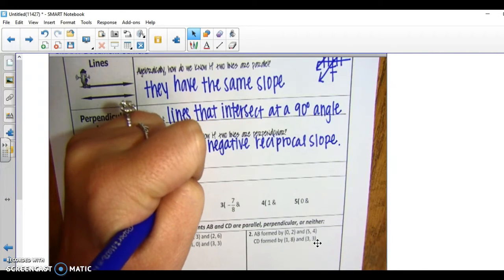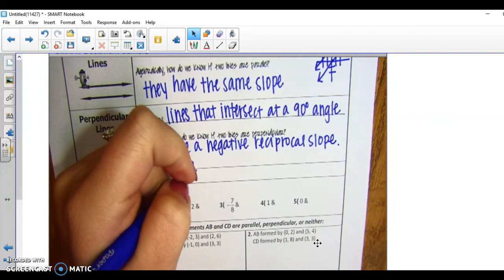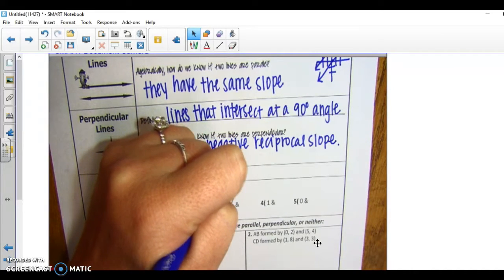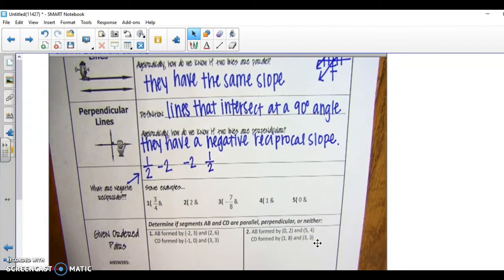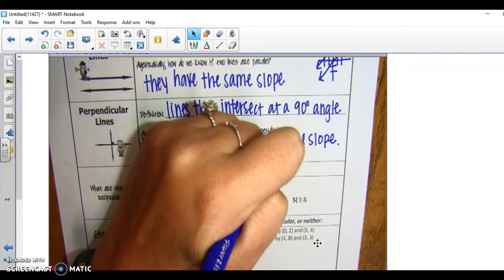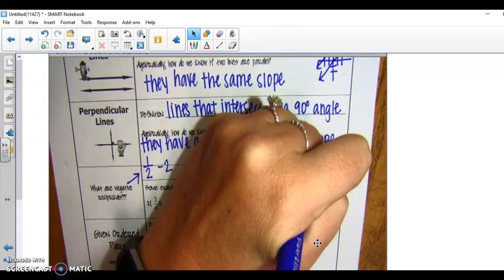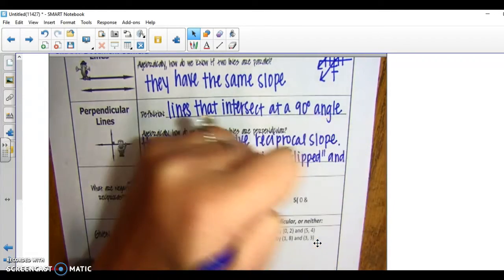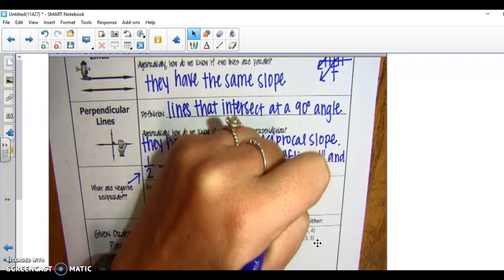So if we started with -2, then our negative reciprocal would be 1/2. So our negative reciprocal is going to be a fraction flipped and a sign switched.